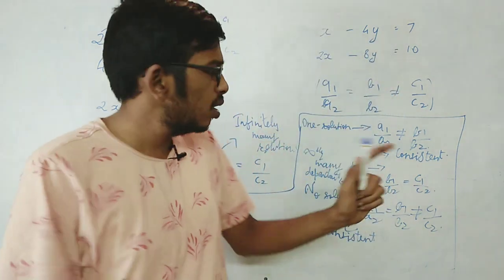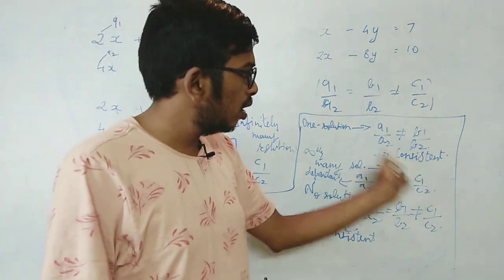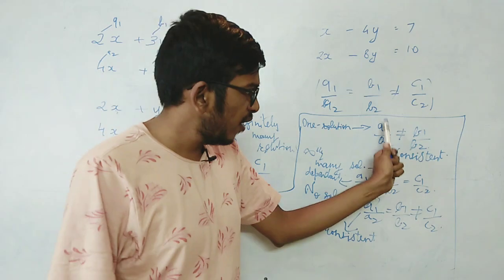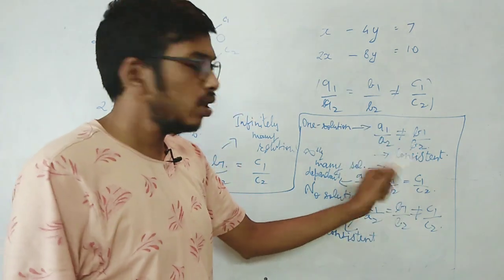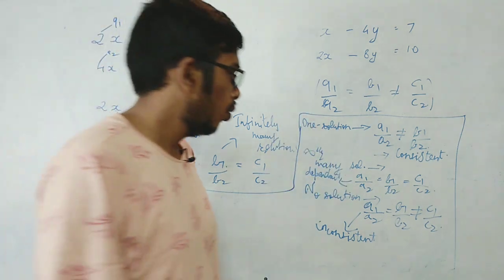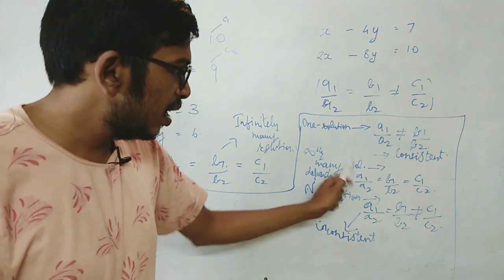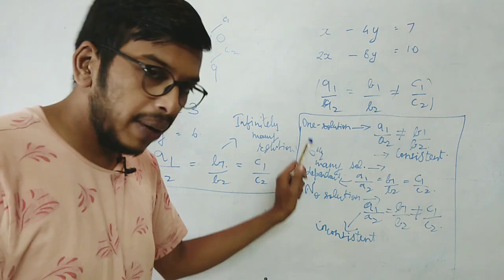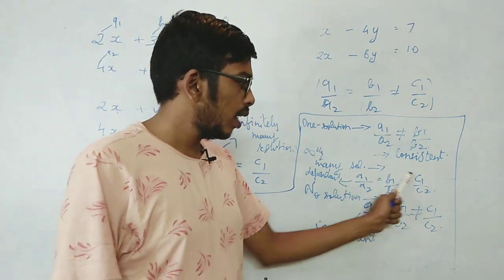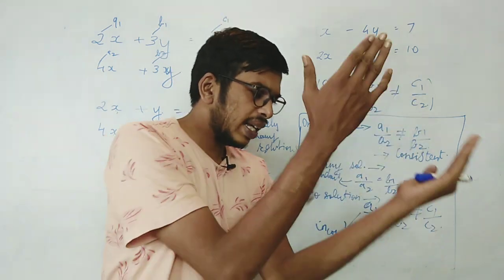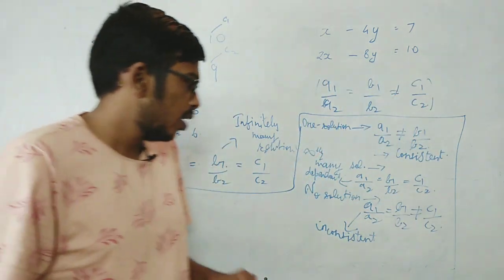If you look at the coefficients, just compare the coefficients using this relation. If A1 by A2 is not equal to B1 by B2, it is a consistent pair of linear equations and it has exactly one solution. Now, if it has infinitely many solutions, it is called a dependent pair of linear equations, and A1 by A2 will be equal to B1 by B2 and that will be equal to C1 by C2, which means that the two lines are exactly coinciding. That is what it means.